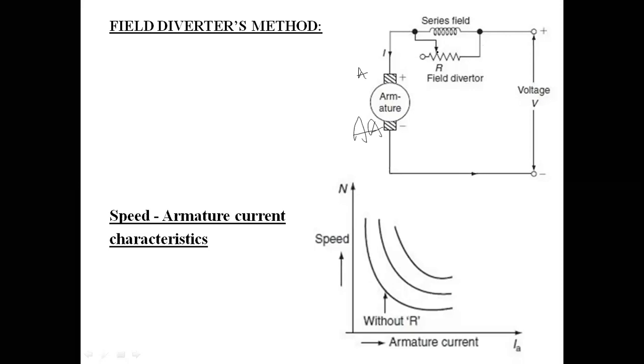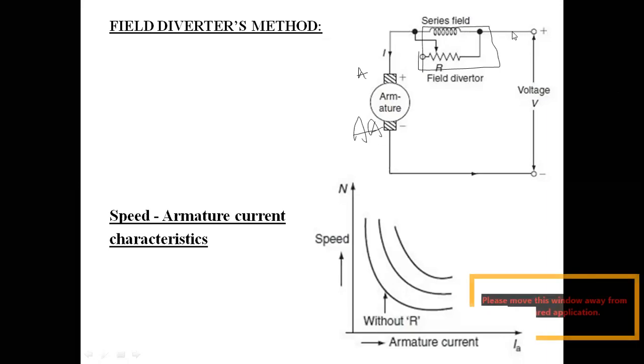A resistor is going to be connected parallel to this series field, so that we can divert the supply current which was flowing to the armature through this series field.